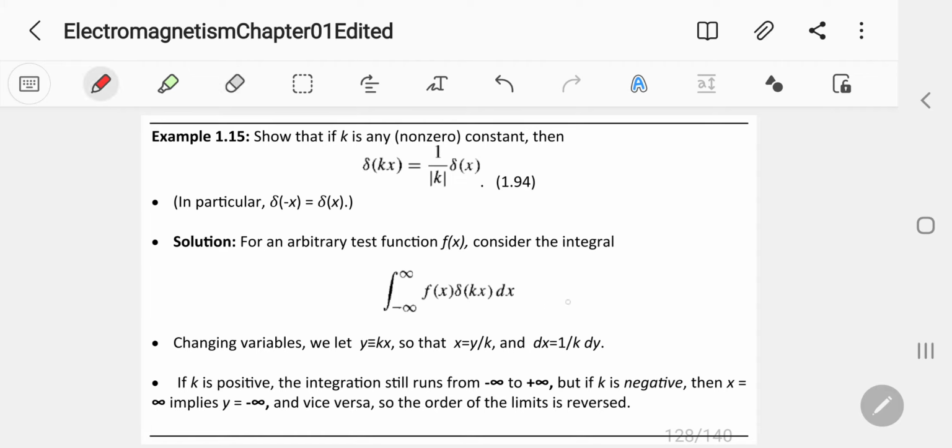So if k is less than 0, these limits will reverse.